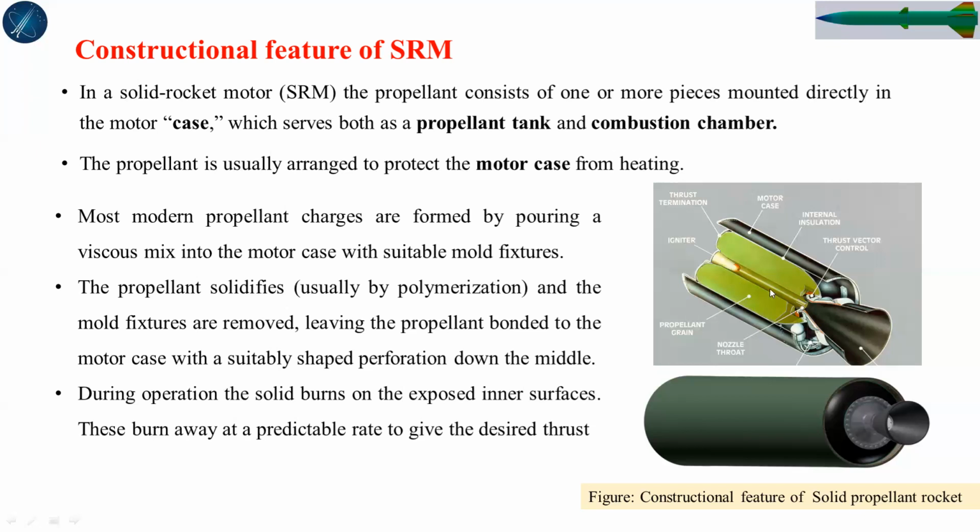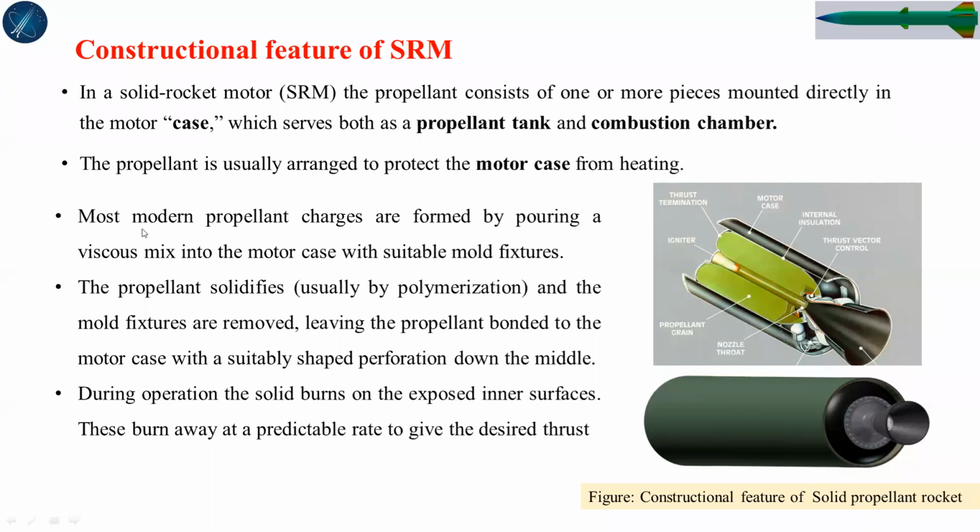And the ignition may be from outward to inward or from inside to outward. If it is from inside to outward, then it is called progressive burning. If it is from outward to inside, then it is regressive burning. And there is also a neutral type of burning if both of them take place.